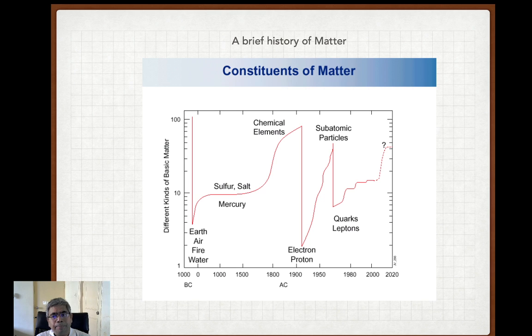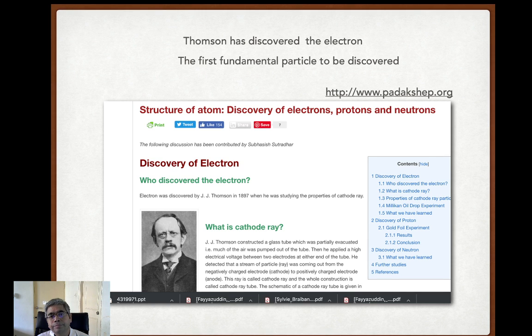But this became popular much later in the 1800s when Dalton started looking at pressures of gases and started measuring various ratios, and that's how he came to discover the atom actually. So the atom structure came up much later.